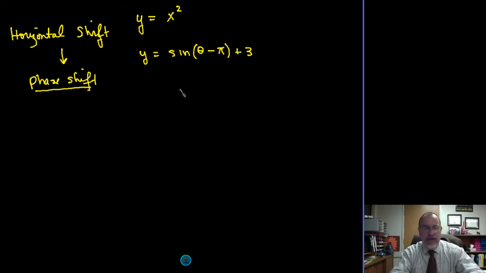Now when you have both happening, where you're moving the horizontal values right or left, and you're also horizontally stretching or shrinking that, the horizontal stretch or shrink affects the movement of the function right or left. So if it affects it graphically, it's also going to affect it algebraically, or in the equation. So let me show you what I mean.